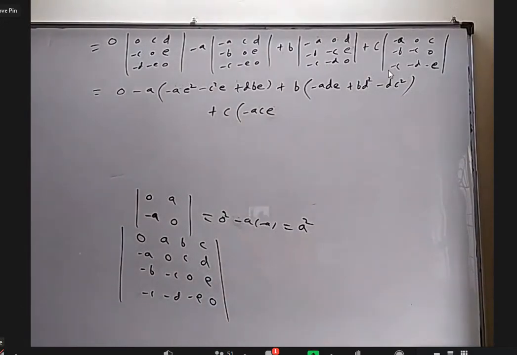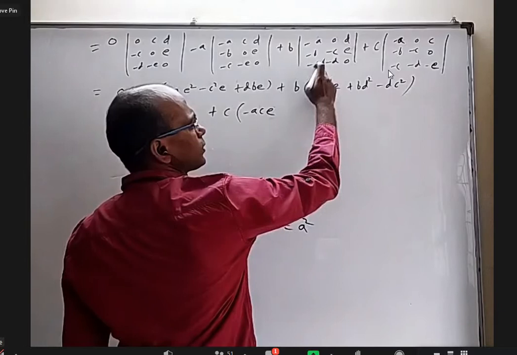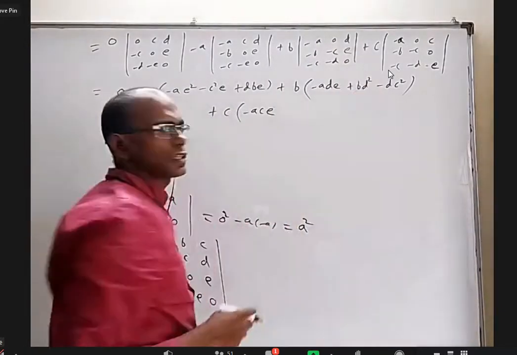Yes. Plus B minus ADE plus BD square plus DC square. This into this is BD, this into this is minus into minus into minus is minus C square only, no?